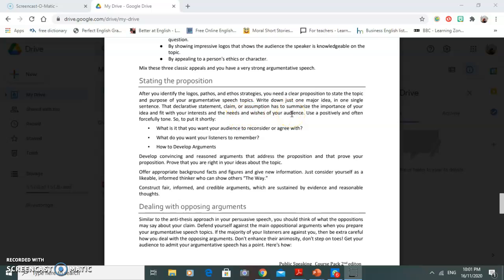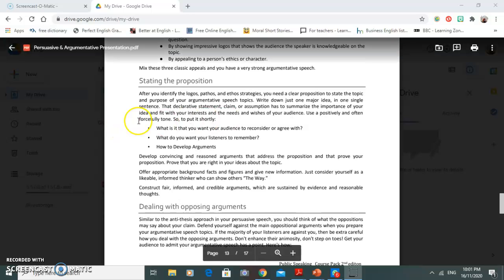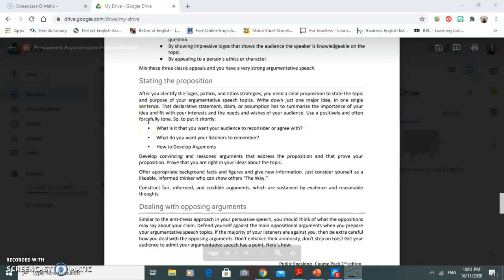Use a positive and often forceful tone. Positive and forceful. What is it that you want your audience to reconsider or agree with? What do you want your listeners to remember, and how to develop arguments?